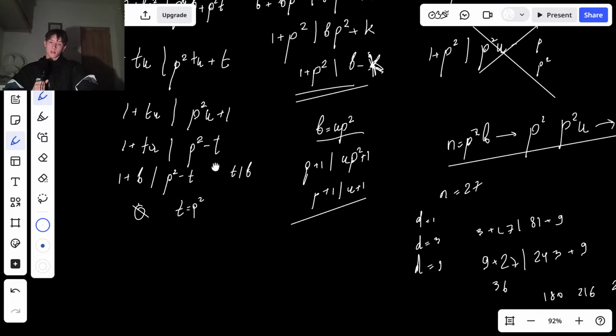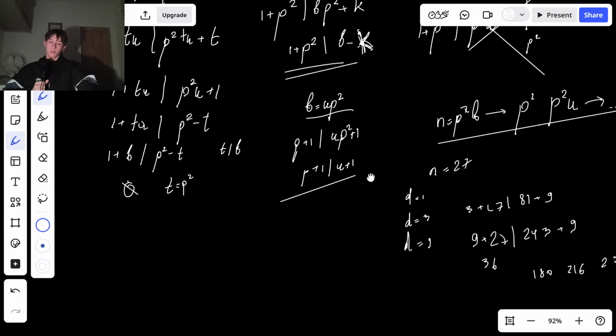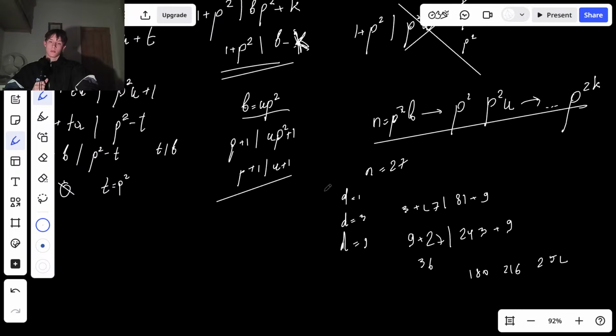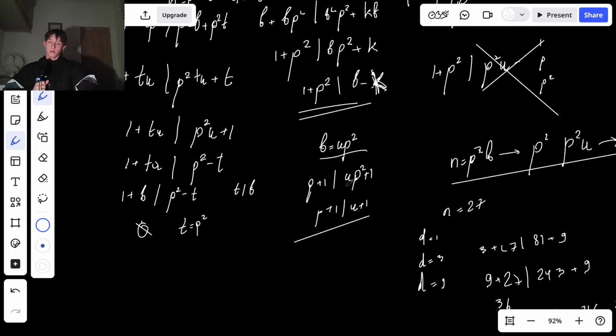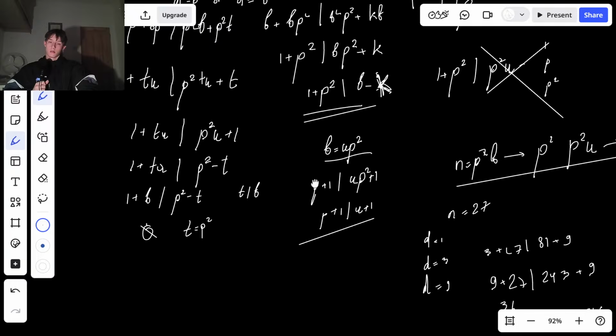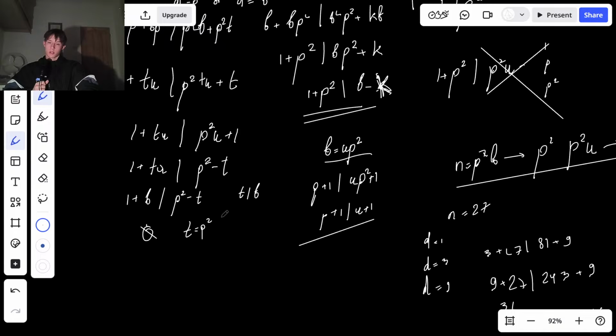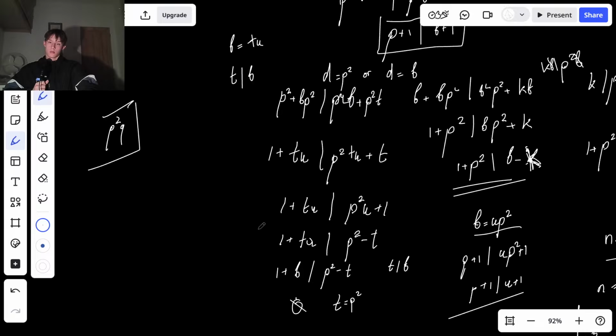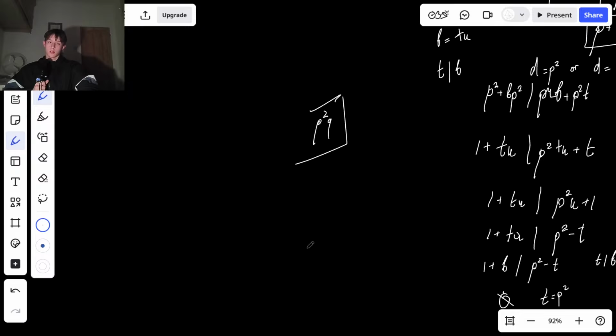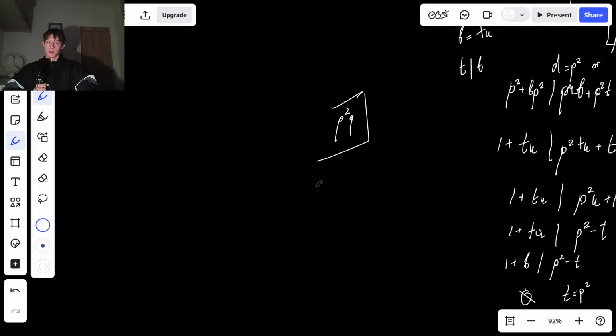So it's either this, because we always slide in a 2, or it's just p squared q. So it's either a power of p, which we'll show later works, or this, and for this case, we just want p squared q plus q, for example, to divide p squared q squared.